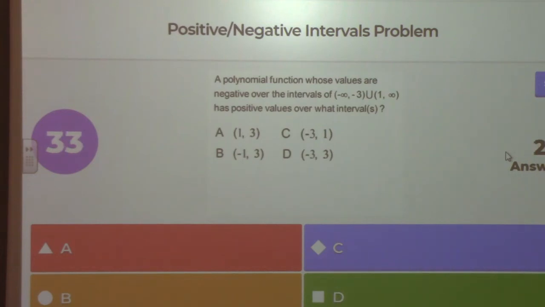I don't understand this one. You don't understand it? We'll talk about it briefly. I might have that. Yeah, but I'm not sure if it's right.